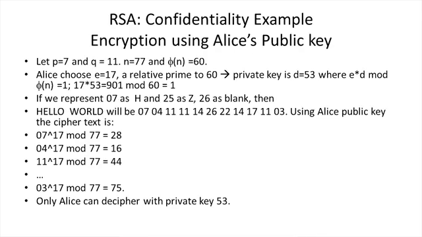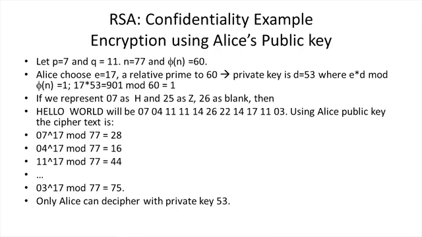Using Alice's public key, Bob can generate the following ciphertext. H to the power of 17, which is the public key of Alice, then mod 77, is equal to 28. Same thing here: 4 to the power of 17 mod 77 is 16.